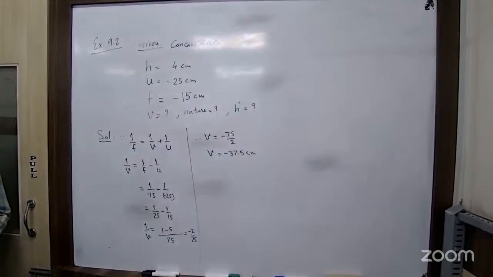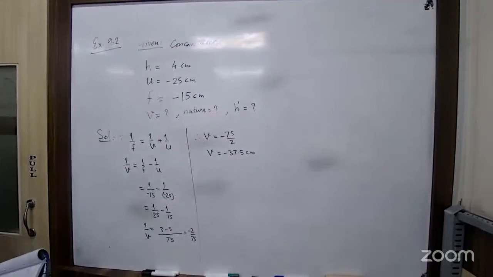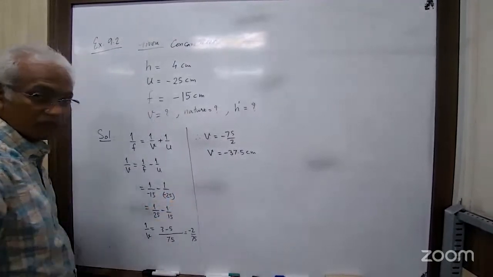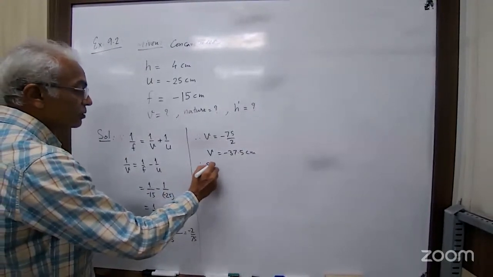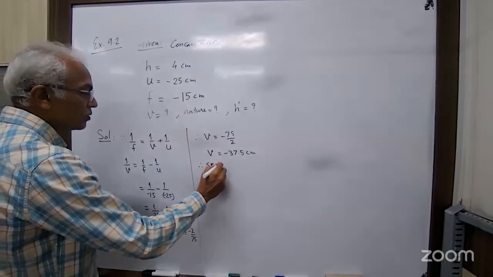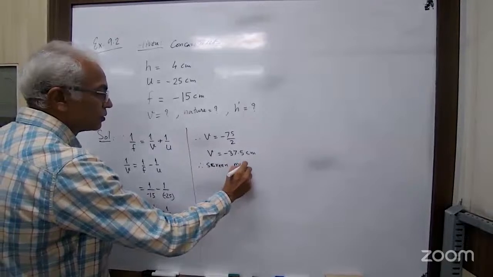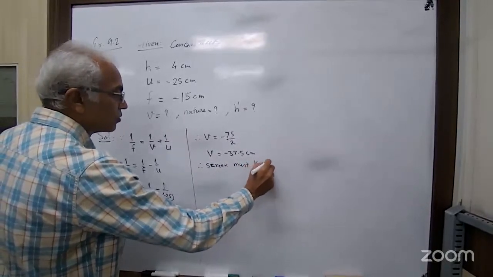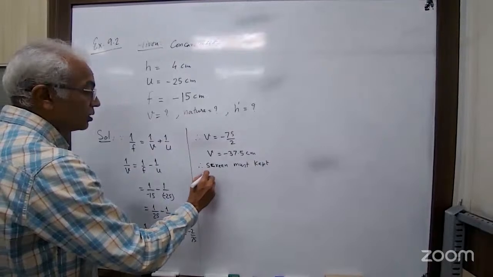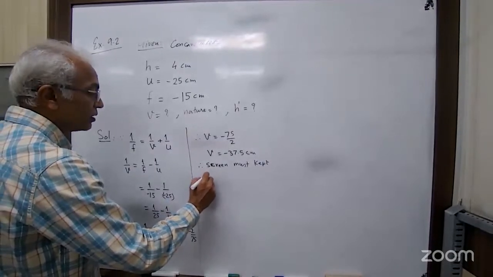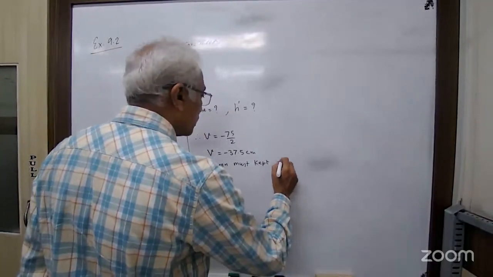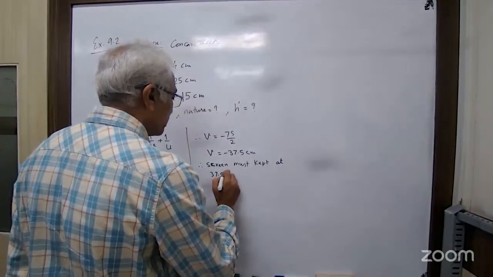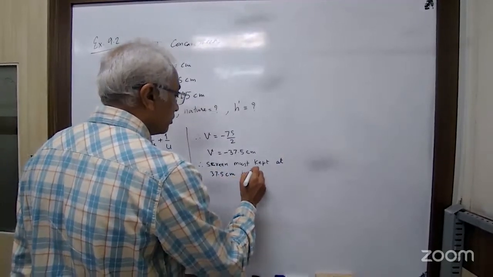So V is negative, right? Which we got. To find the nature, what do we do? We find magnification, right? So ये answer क्या हो गया? Therefore, screen must be kept 37.5 centimeter in front of the mirror.